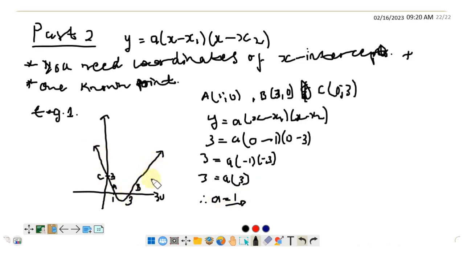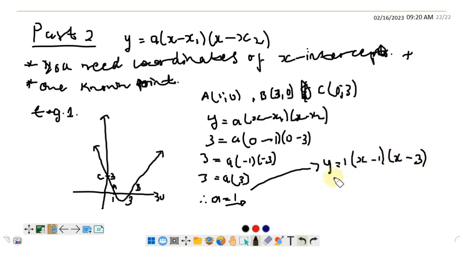See, the graph is up. So from here we can write y equals, then you substitute a, x minus x1 which is 1, into x minus x2 which is 3. Okay, so this is the equation.